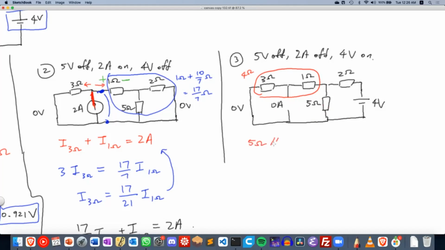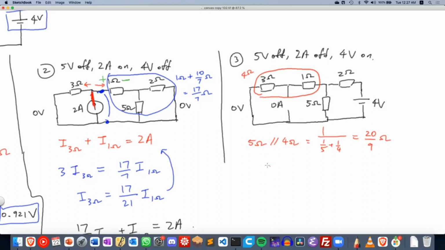So with 5 ohms parallel to 4 ohms, that gives you 1 over (1 over 5 plus 1 over 4). That gives you 20 over 9 ohms. So that's this part over here.